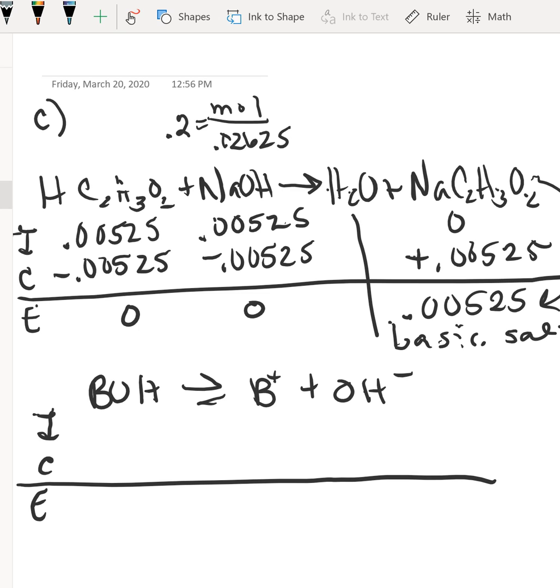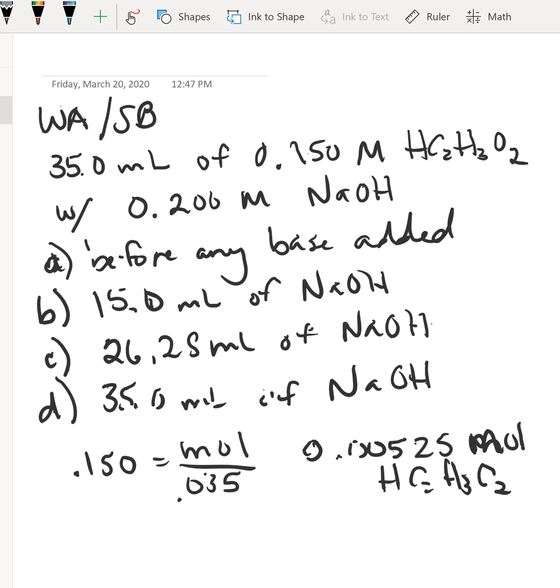Okay, but in here I have to use my molarity. So I'm going to take my moles, which I had 0.00525, and I have to divide by my liters. So I have 26.25 plus the 20 milliliters that I started with. How much did I start with? 35.